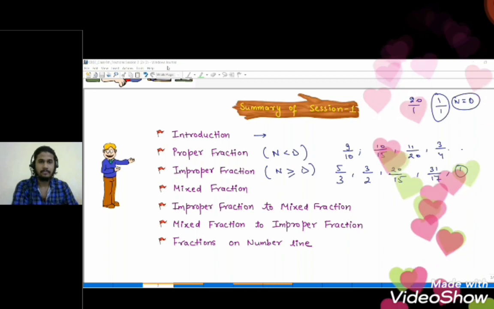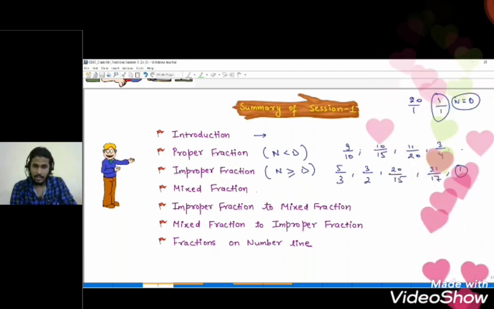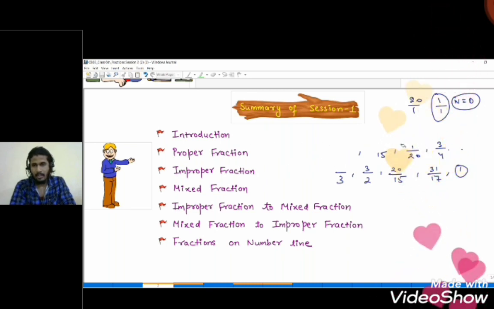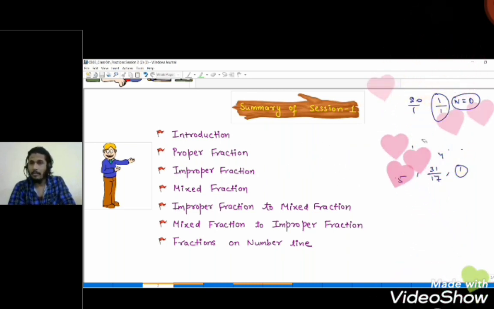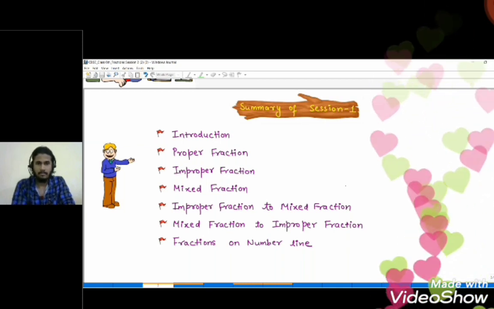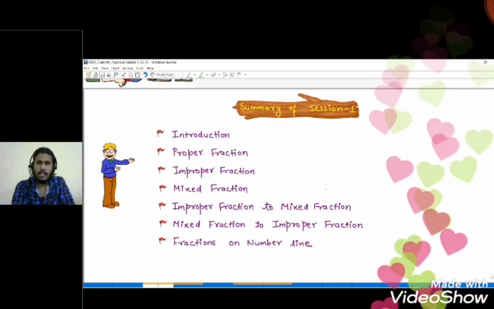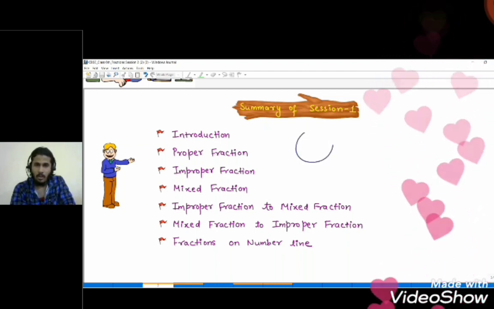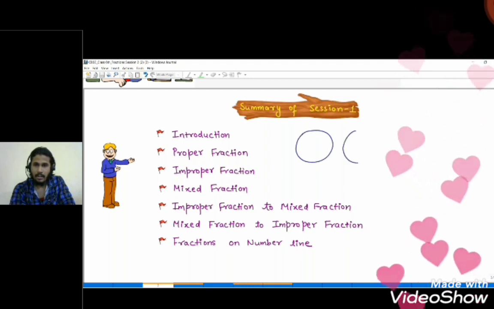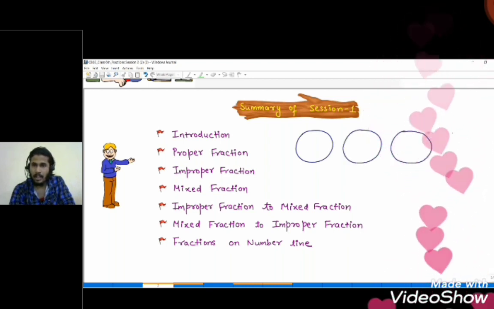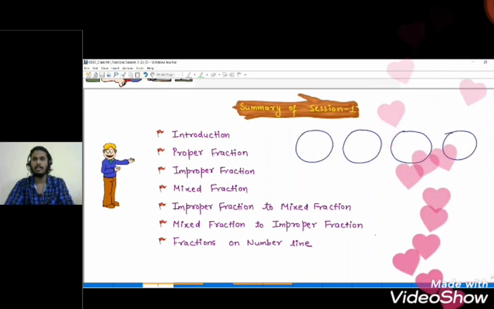Okay, very good, students. Now, what are mixed fractions? The concept of mixed fraction arises from the fact that if we have 4 cakes, or let us say 3 friends who order 4 pizzas.